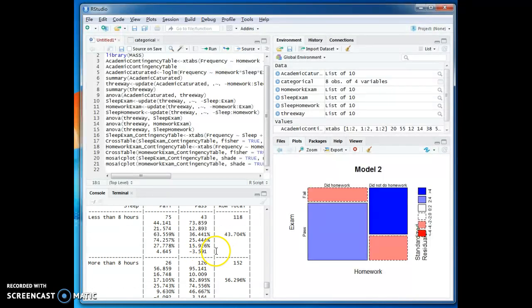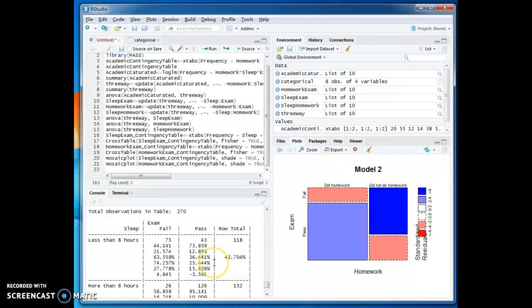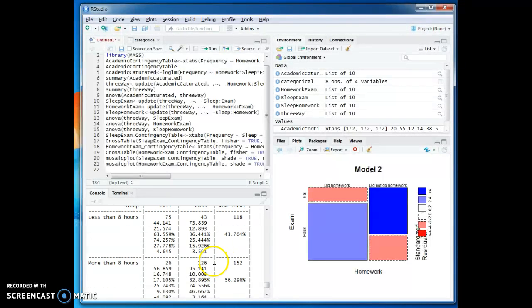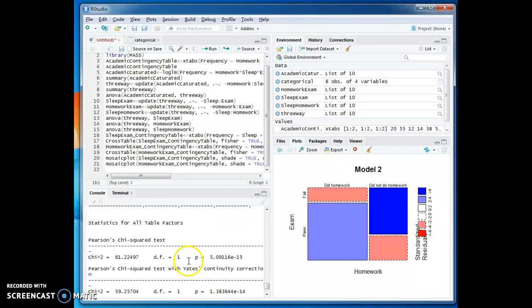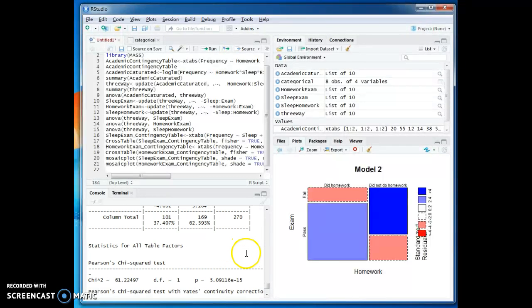So we can suggest that people who sleep more than 8 hours are more likely to pass the exam. We can also see right here that the p-value is significantly less than 0.05, so the interaction between sleep and exam is significant.